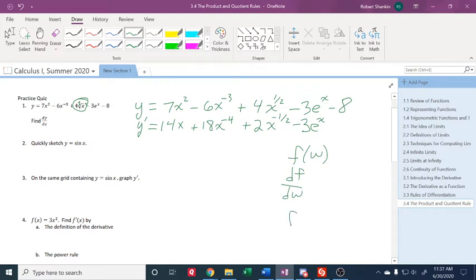It could also be still f prime. Notice the prime doesn't show with respect to what letter it is. You could put d dw of f of w. There are different possibilities, all representing the derivative. These three are alternate notations. Good question. Just getting used to how the derivative has so many different ways it can be written.